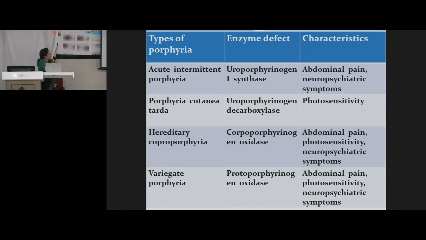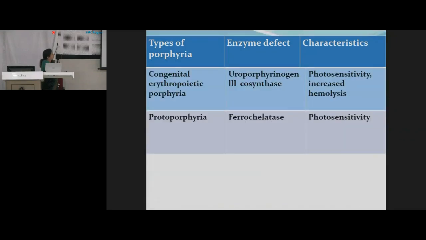But after this, photosensitivity and skin lesions are the common symptoms. That is in case of Porphyria cutanea tarda, which is due to deficiency of uroporphyrinogen decarboxylase, hereditary coproporphyria, variegate porphyria, also the same symptoms, congenital erythropoietic porphyria and protoporphyria.